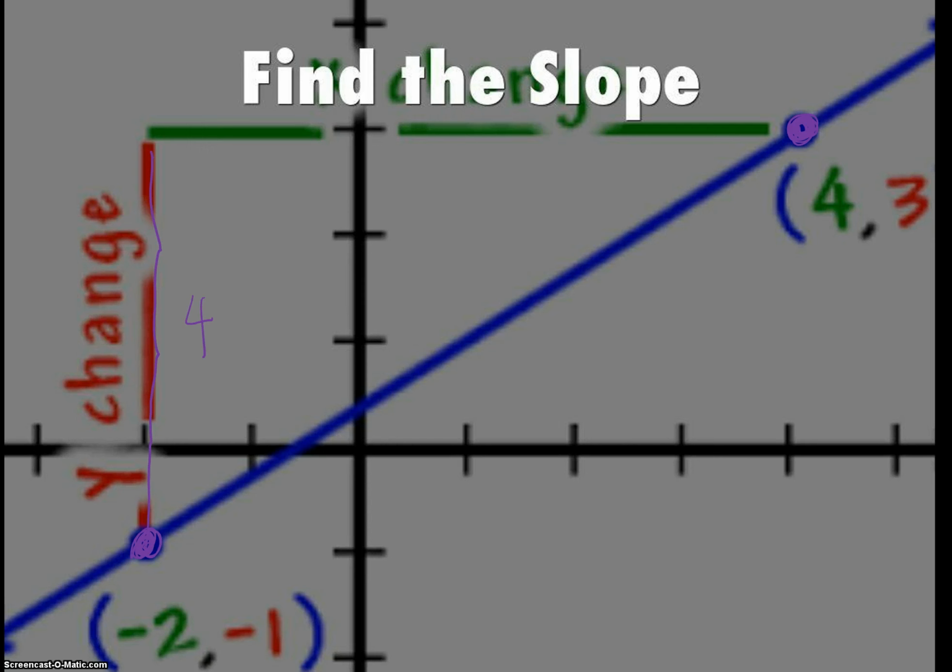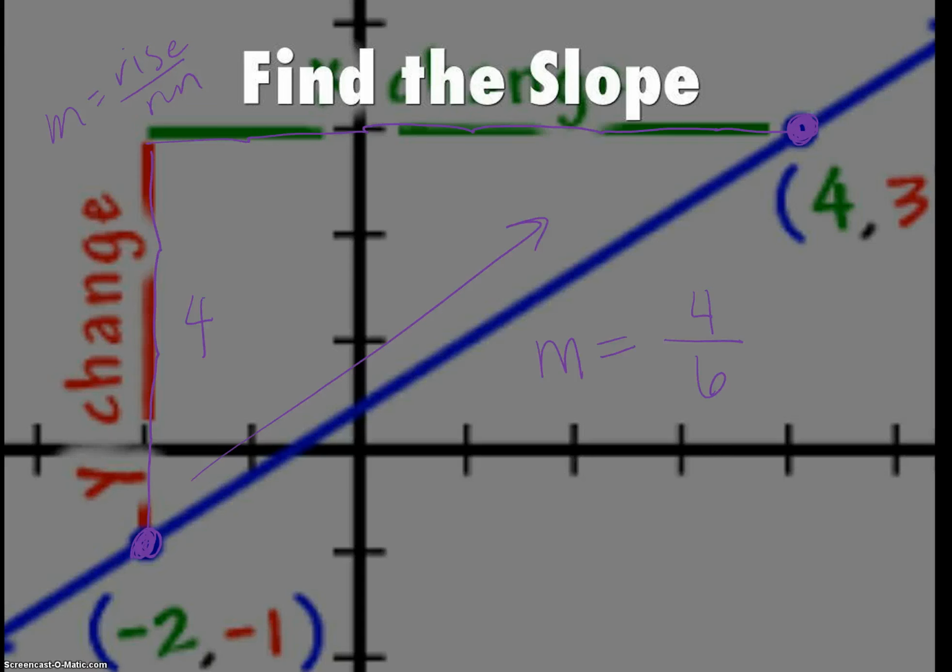So my rise is 4 and my run is 1, 2, 3, 4, 5, 6. So my slope is positive because it goes up from left to right. So it's going to be a positive answer. I rose 4 and I ran 6. So rise over run.